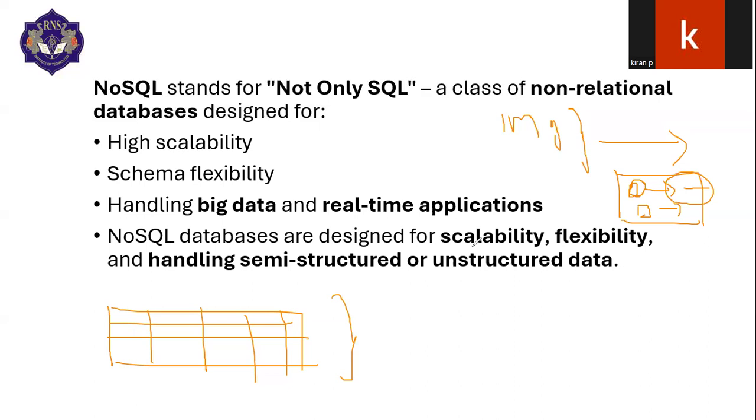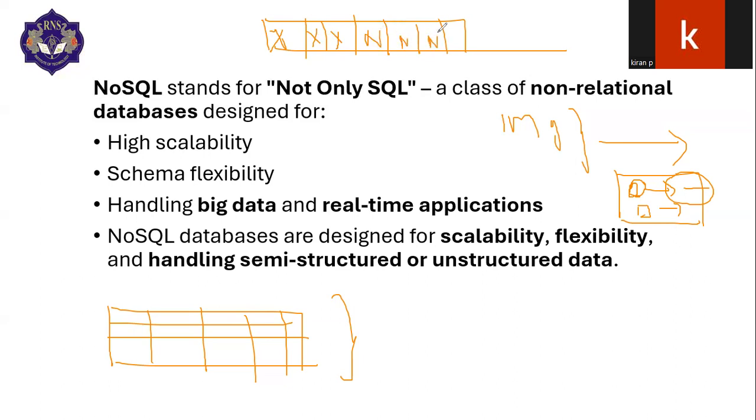There might be a chance that I get into a retail shop. There are a lot of items. If you are representing it in a row oriented way, then for a customer X, you'll get nearly around 100 items. But among them, you'll be buying only two. So the rest of them will have null values.